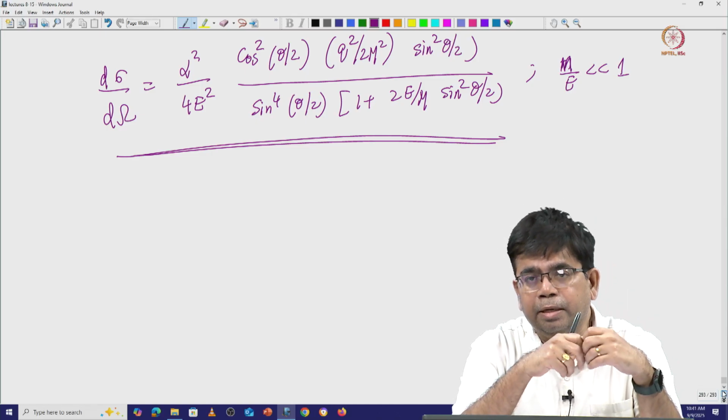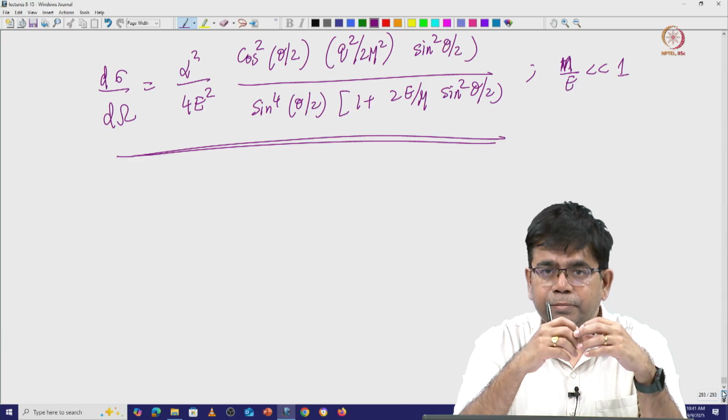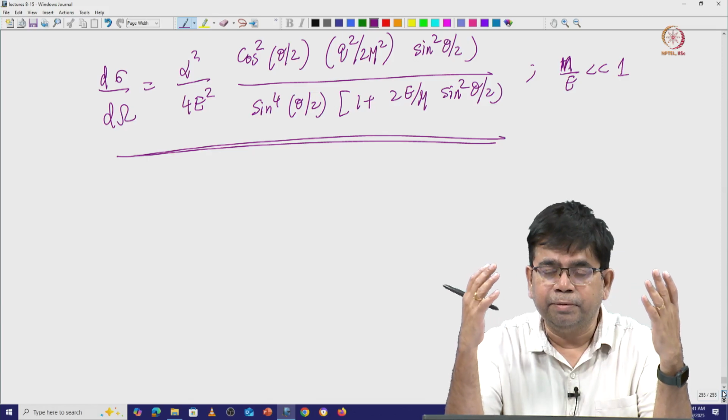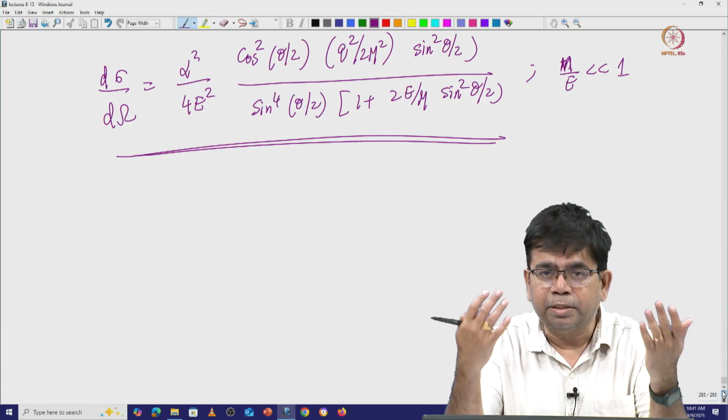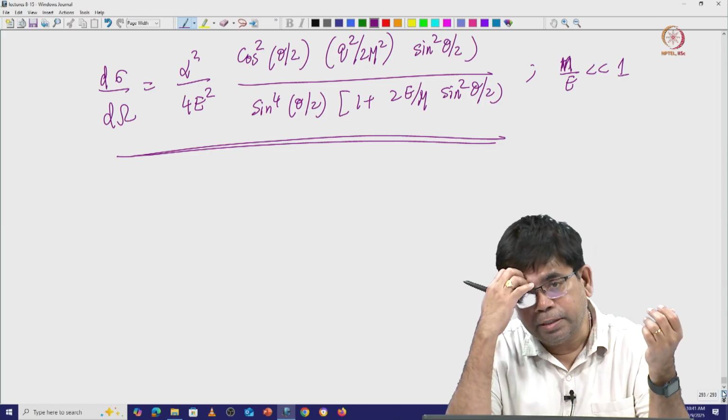In the relativistic regime they move very fast, and you have to use relativistic techniques to calculate their cross sections and so on.